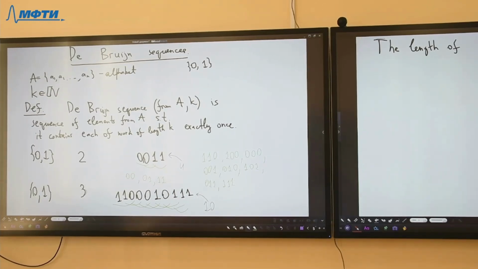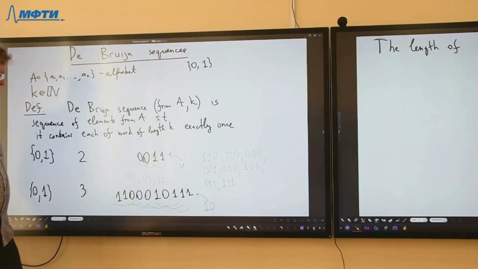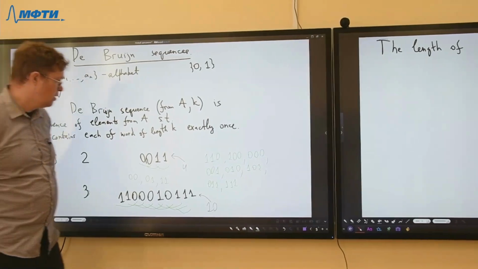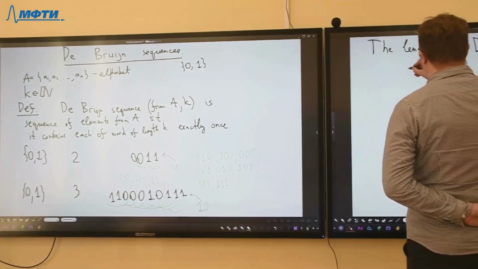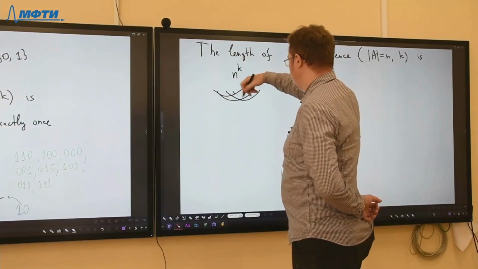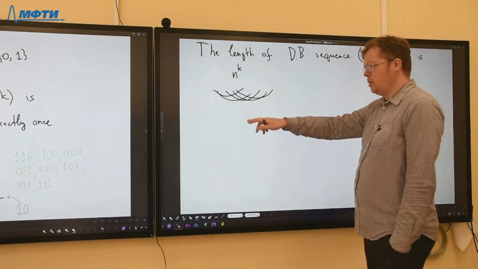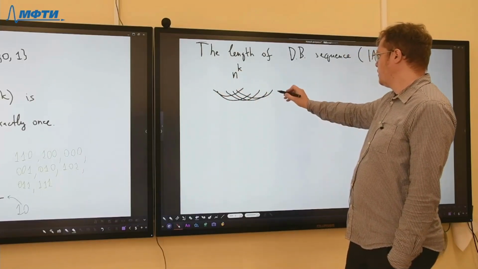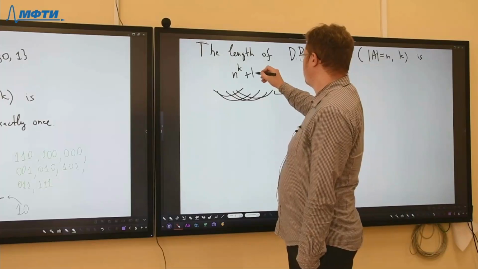How many words of length k do we have? The number of words of length k is n to the power k, and then we just need to add the ending part, which is k minus 1.